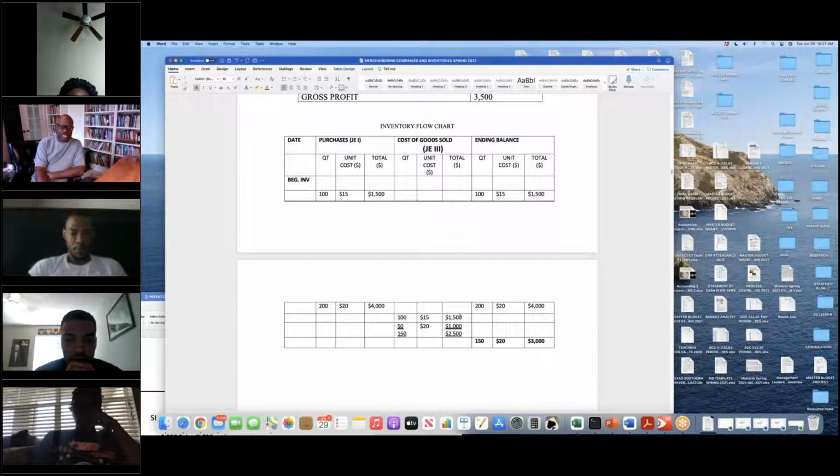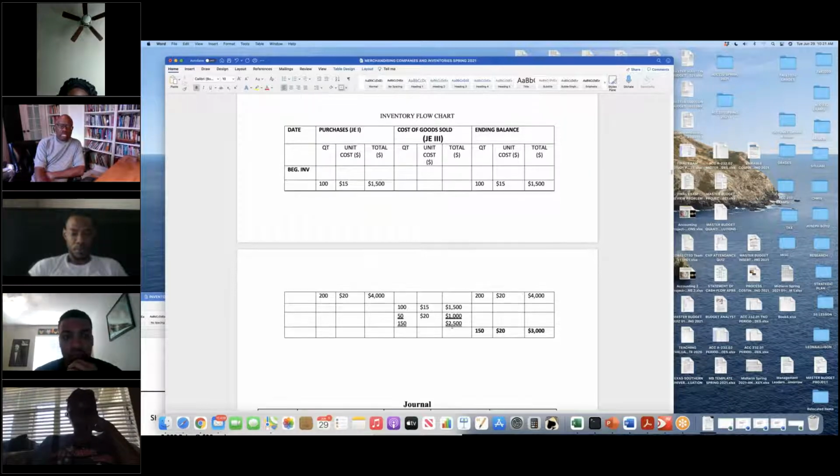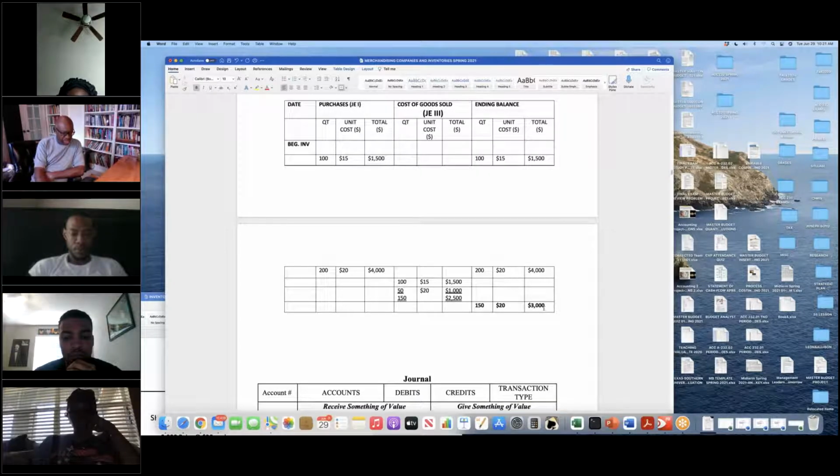Whenever we are selling something, we determine what was sold. And I think in this case, we sold 150. So we had to come up and determine the cost of what's sold. And that balance is what's left.